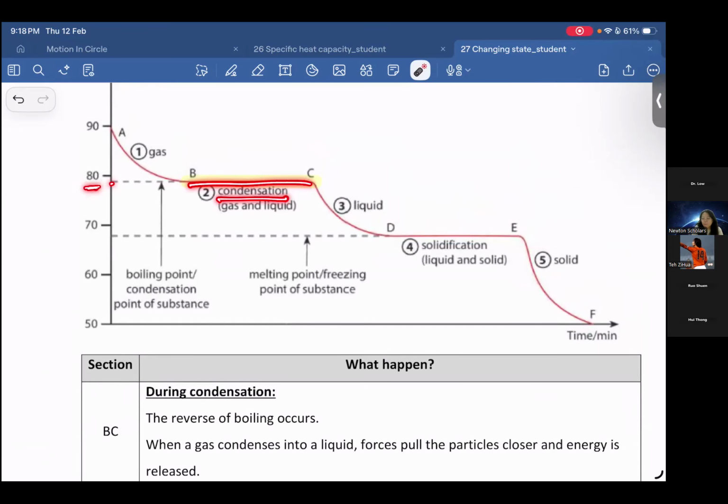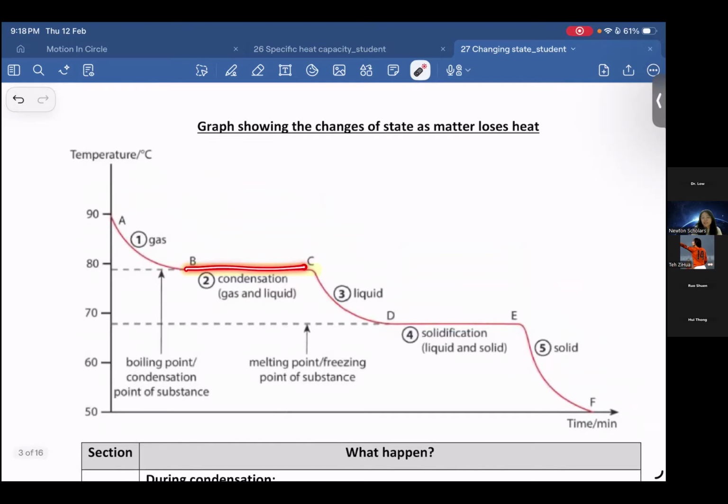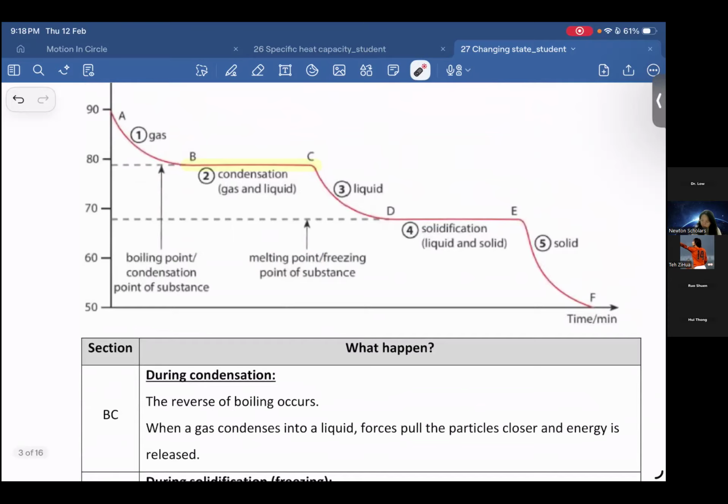So the condensation point is actually the boiling point. In the cooling curve, we call this the condensation point. In the heating curve, we call it the boiling point. Then for DE, this section, DE.